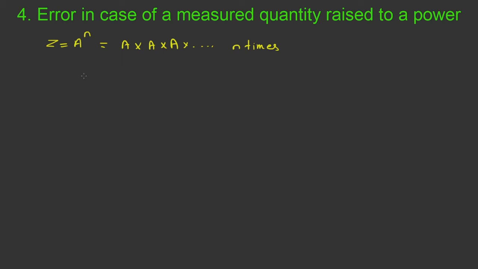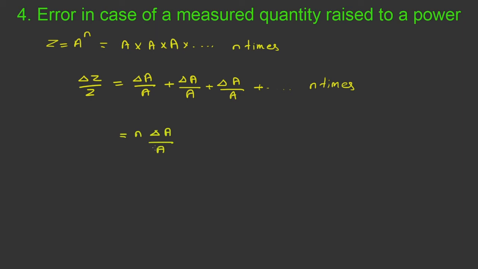Thus, I can write delta Z by Z is equal to delta A by A plus delta A by A plus delta A by A, n times. What is delta A by A plus delta A by A and so on up to n times? It is simply n into delta A by A. So delta Z by Z is equal to n into delta A by A.